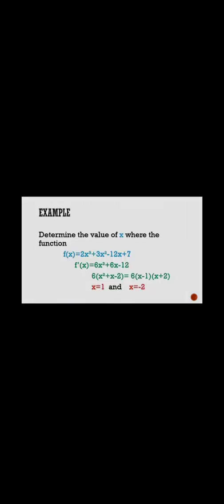So let's have an example here. Determine the values of x where the function f of x is equal to 2x cubed plus 3x squared minus 12x plus 7 is increasing or decreasing. We first take the derivative. f prime of x is equal to 6x squared plus 6x minus 12.